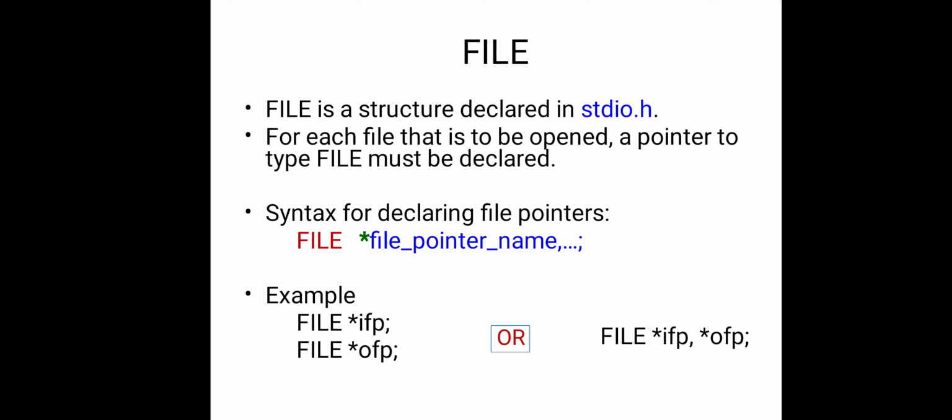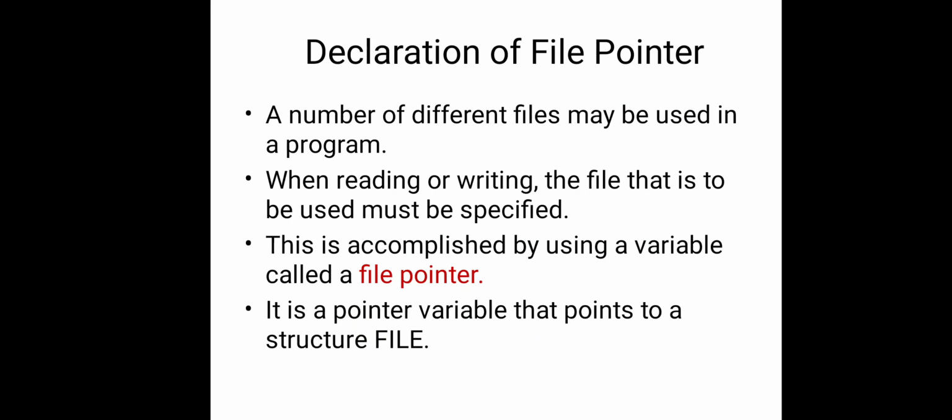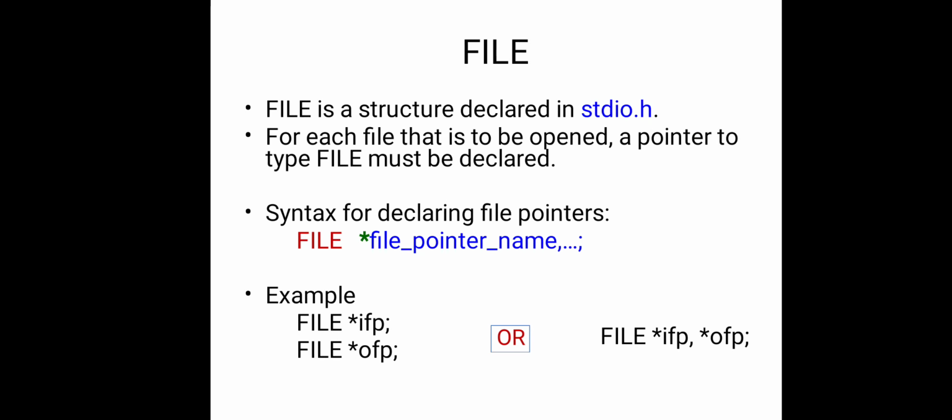This FILE structure is declared in the stdio.h file, and for each file that is to be opened, we have to assign a pointer to it. The example is given below, where we have FILE, the structure of the file, and then the file pointer: *ifp is for one file and *ofp for another file.